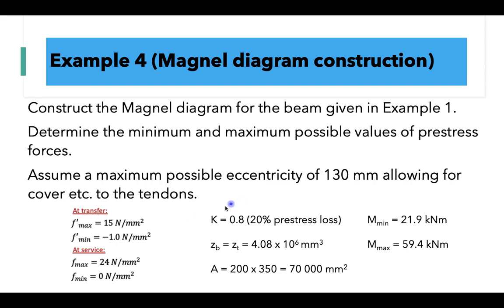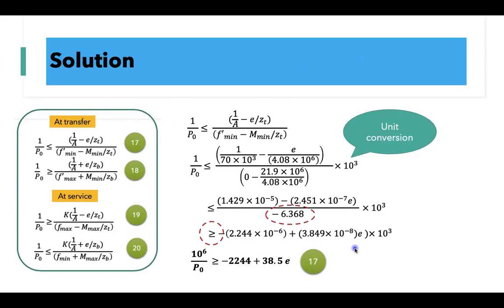Later I will show you how to calculate this. Here we have similar stress limits at transfer and at service that we have used previously. Then we also have K, ZB and also ZT. Then we also have A, which is the area, as well as moment minimum and also moment maximum.